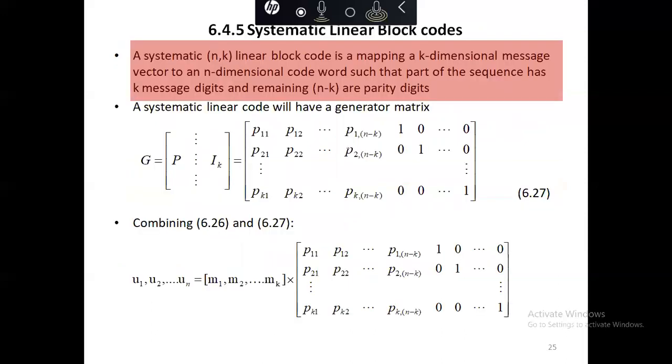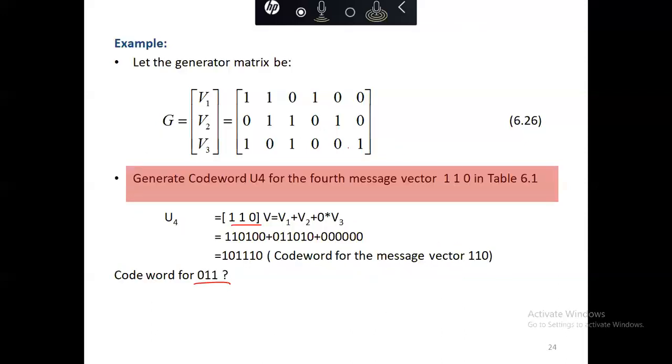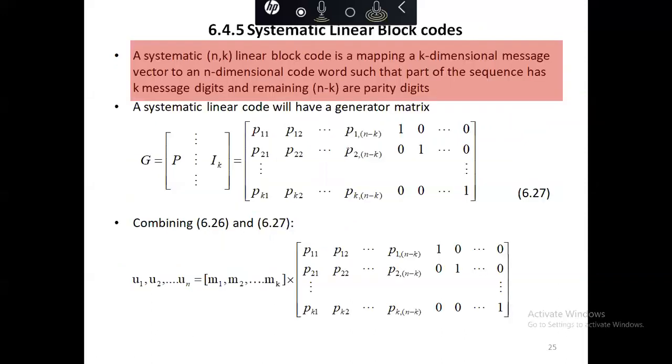So these code words are in fact not systematic code words. A systematic code word is a code word in which we append the actual data. And to append the actual data, we need some modification in the generator matrix.